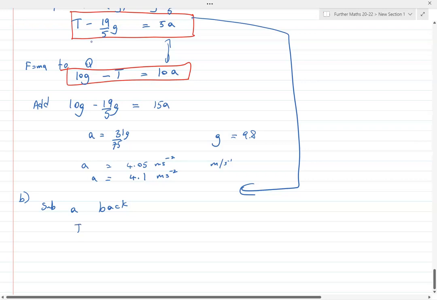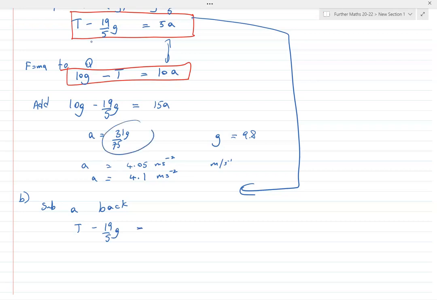So we'll get T minus 19 over 5g is equal to 5, and now I really do want to put an exact answer in, or at least the one I've stored on the calculator, not these two rounded answers. So it's 5 times 31 over 75g. So that's going to be T minus 19 over 5g is equal to 31 over 15g.